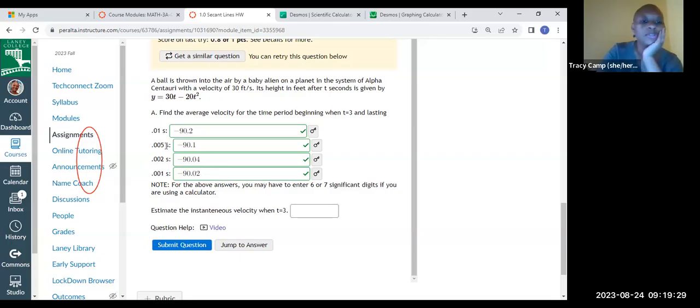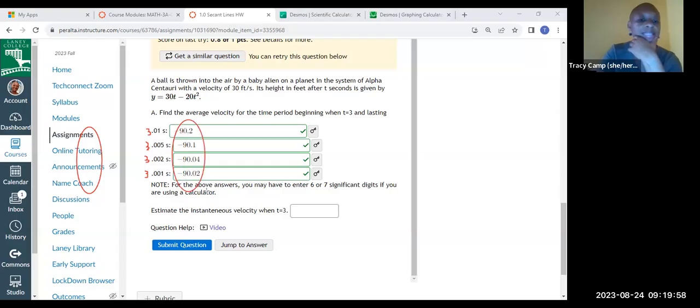So these numbers, notice they're all getting closer and closer to 3: 3.01, 3.005, 3.002. And so you want to say, okay, if those are getting closer and closer to 3, that means we're creating the tangent line, right?